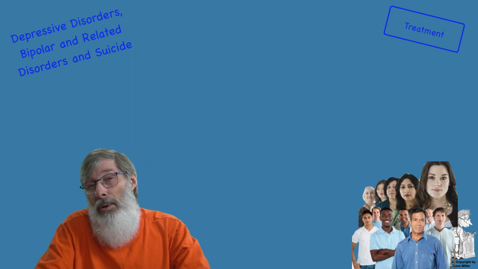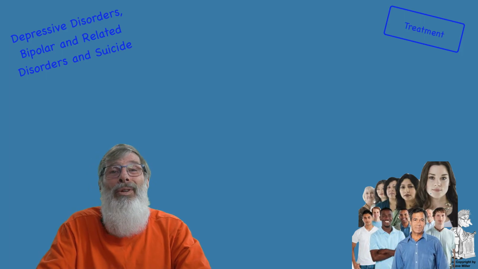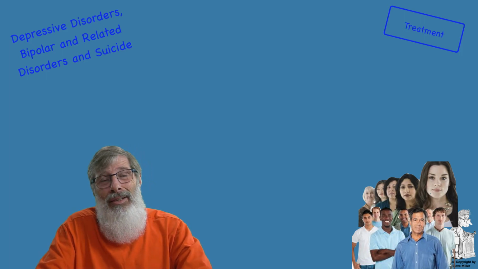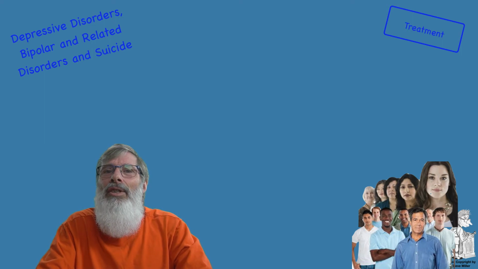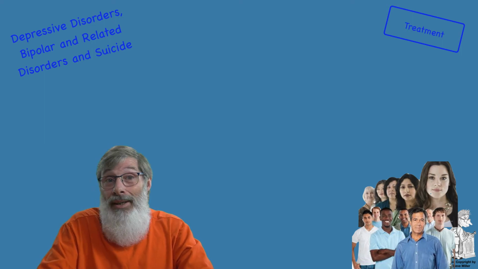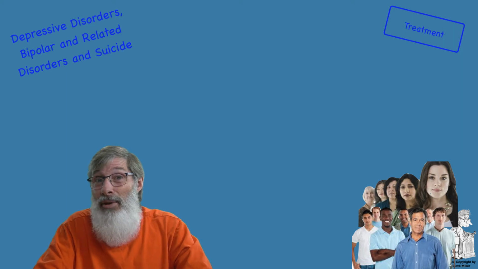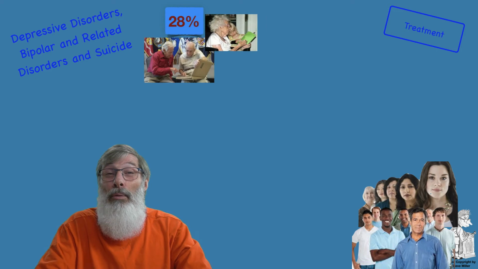And that's probably because men select more lethal means. The elderly, not the young, are more likely to commit suicide, and the rate of suicide among the elderly appears to be increasing. About 28% of people between 85 and 89 commit suicide.